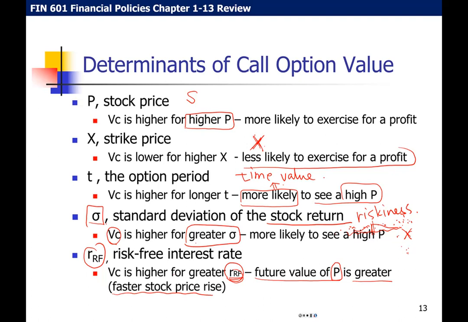This concludes the chapter 1 through 13 review. Now you can start working on assignment 1 to practice the techniques that we have learned, and to see if you have mastered the fundamental tools that we need for FIN601.